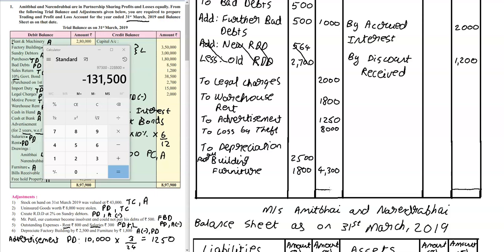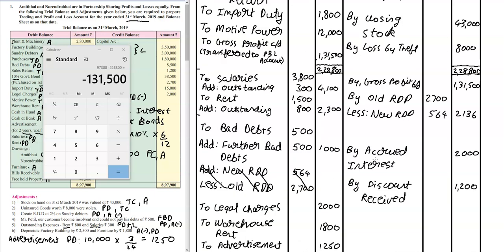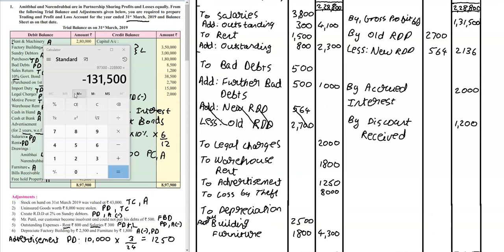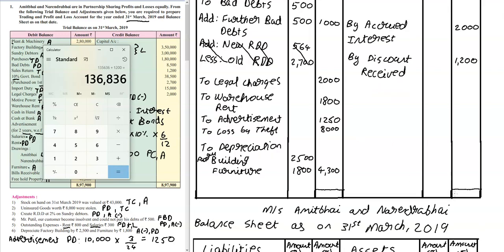Whichever side is heavier, we write the number on both the sides. I think it is going to be the credit side. So we start with 1,31,500 plus 2,136 plus 2,000 plus 1,200, and we have 1,36,836, which I am writing on both the sides.